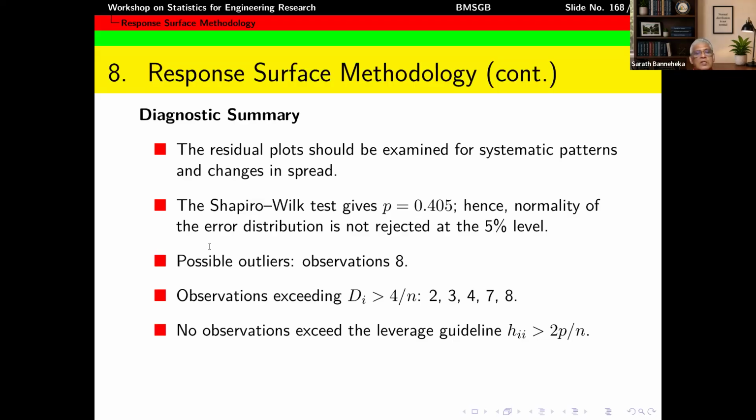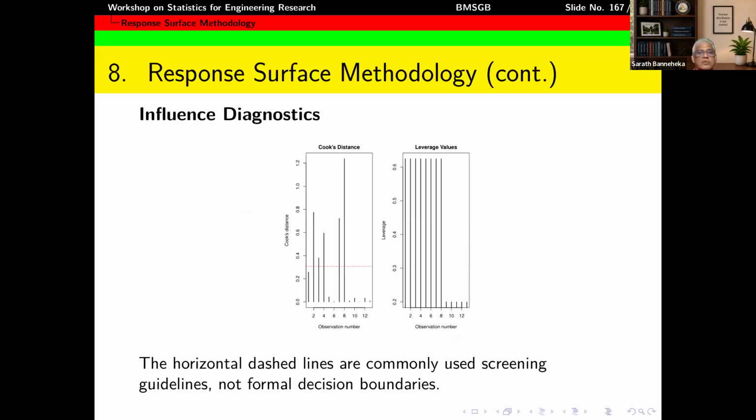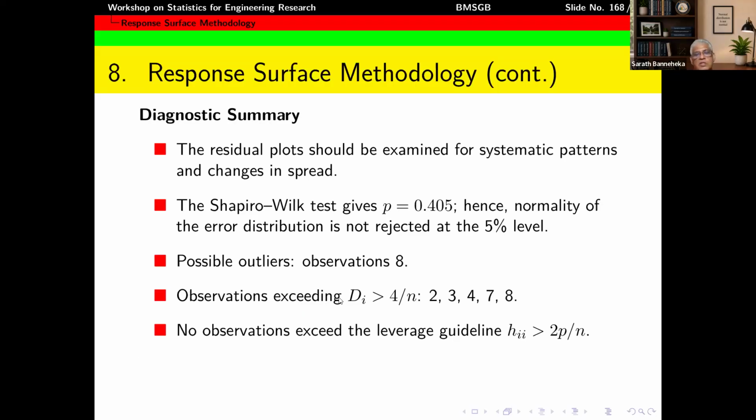There is one possible outlier, as I mentioned, which is greater than 2. That is observation 8. So the researchers should probably look at that observation and re-examine it. And then there were several observations for which Cook's distance was larger.